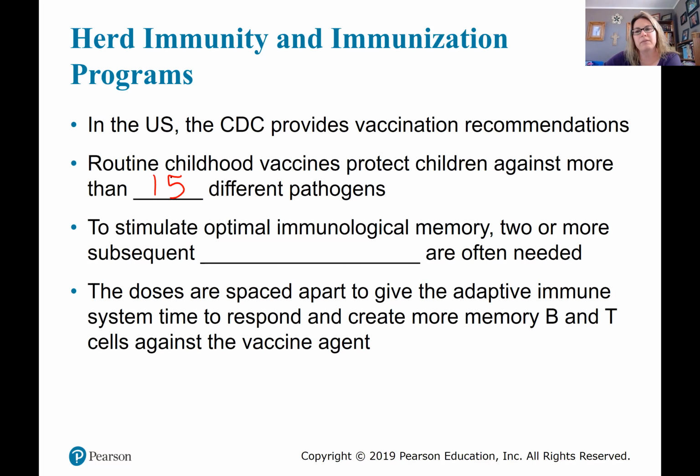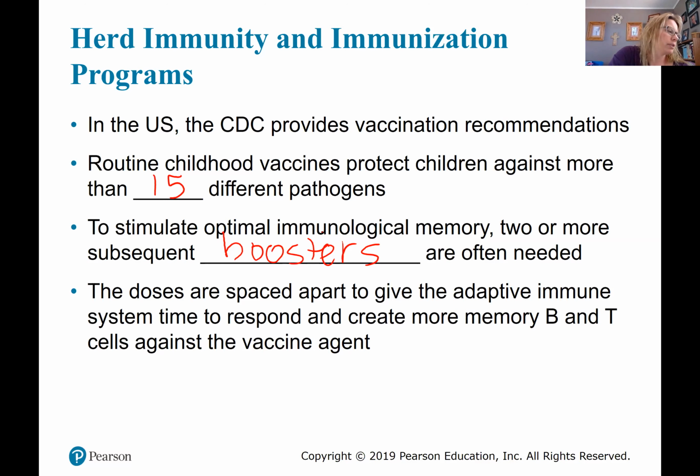And some of these pathogens need to have boosters, okay, or second or third or fourth shots after the initial one, or exposures to the vaccine after the initial one, to basically develop that immune system response that's adequate enough. And we'll see why sometimes we need boosters here in just a moment.